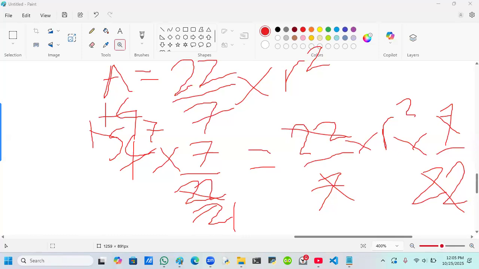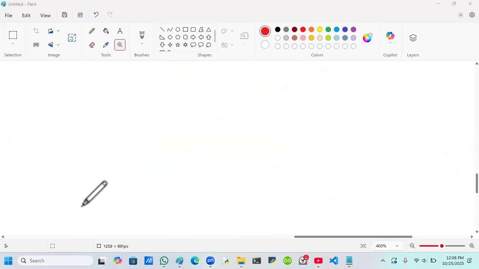All right. You can erase the screen if you are done. Okay. So this question is about cuboid. All right. So the question goes like this.